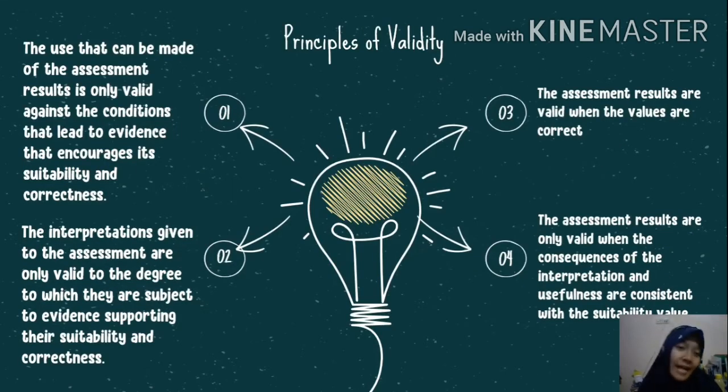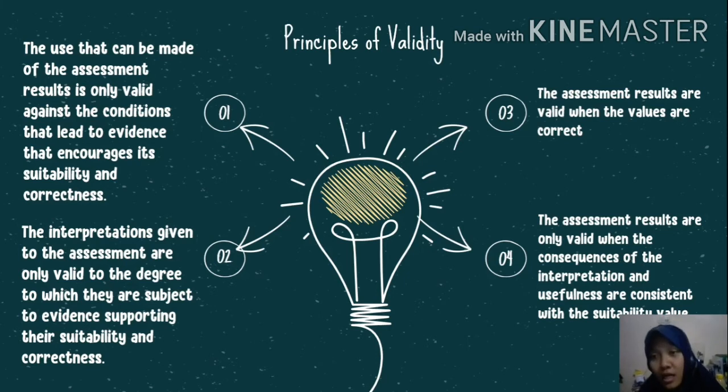There are four principles of validity. The first, the use that can be made of the assessment results is only valid under the condition that it leads to evidence that encourages its suitability and correctness. The second, the interpretation given to the assessment is only valid to the degree to which it is subject to evidence supporting its suitability and correctness.